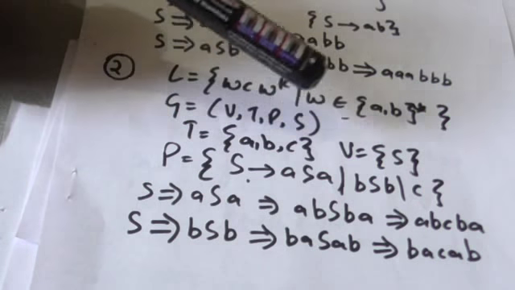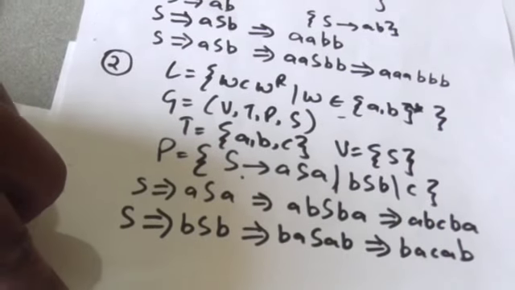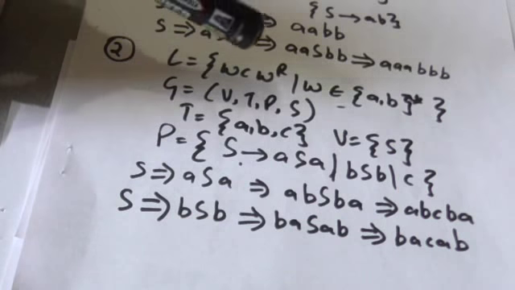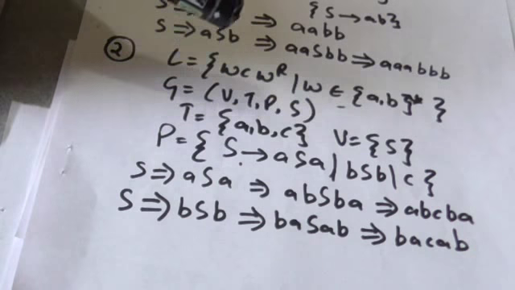G equals (V, T, P, S), right? Here T represents the set of terminals.